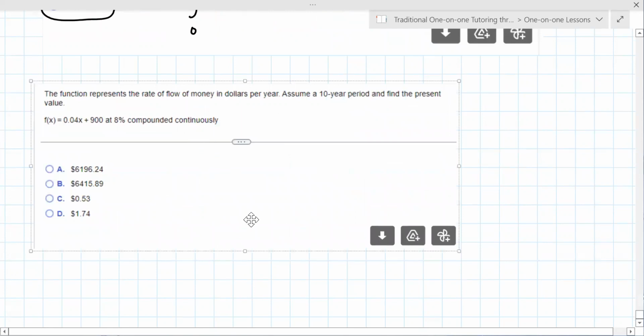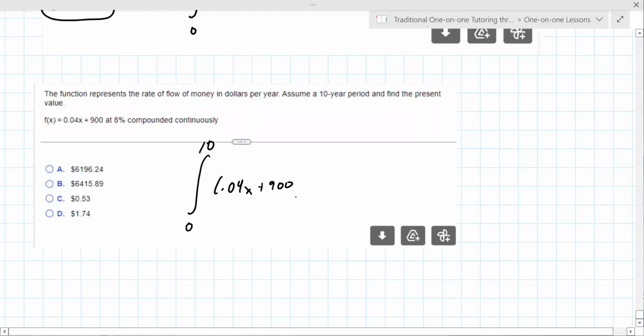Okay, so this is a time value of money continuous flow problem. So you integrate from the number of years 0 to 10, and it was 0.04x plus 900. That's the amount that you're putting in each year. So you're putting in a little bit more each year, and then it was e to the minus 0.08x dx. And then we just put this into a calculator.